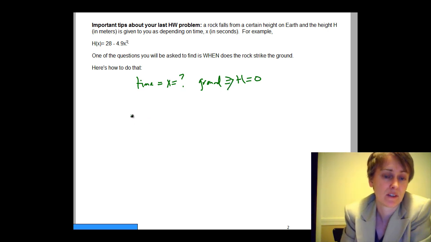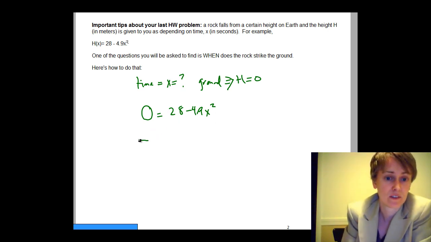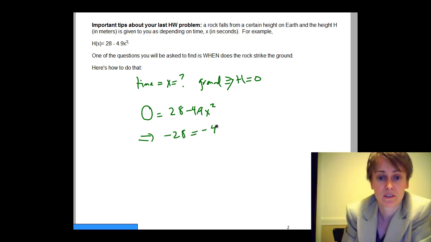That's what that means. So we're going to put this together. We're going to let h be 0, and we're going to solve for x in that equation, and that will give us the time that causes h to be 0. So we're going to solve for x. When you do that, you subtract 28 from both sides of the equation, and then you divide by negative 4.9.